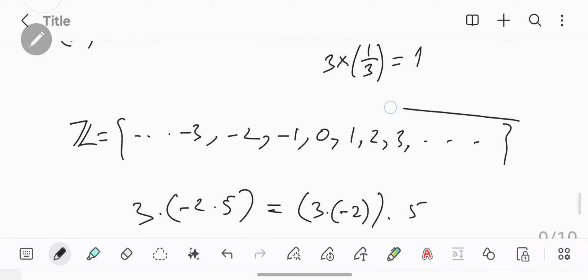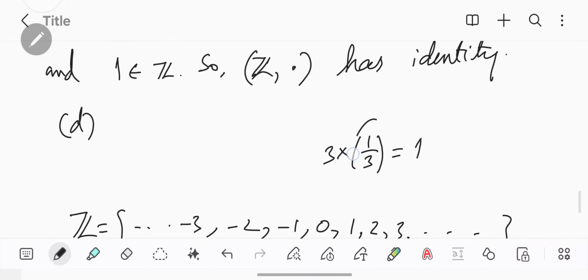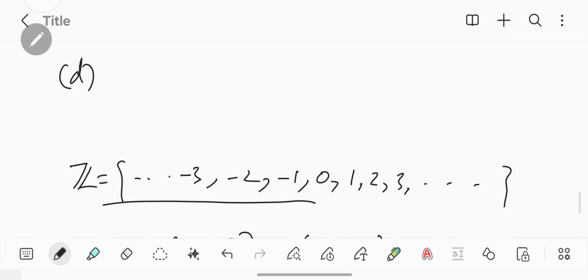But 1 by 3 is not here. Here you have only the integers which have no fractions. But 1 by 3 is a fraction of two integers. So the inverse of 3 is not here. Similarly, the inverse of 2 is not here because the inverse of 2 is 1 by 2.